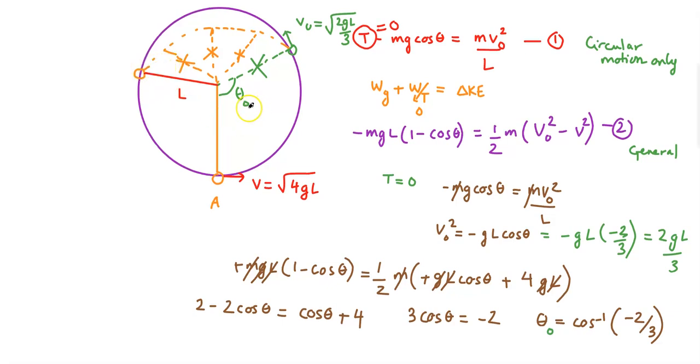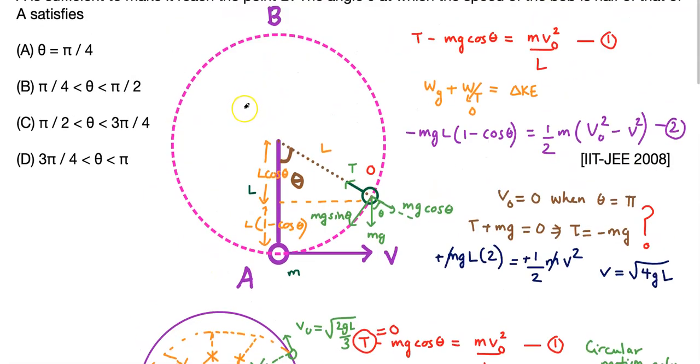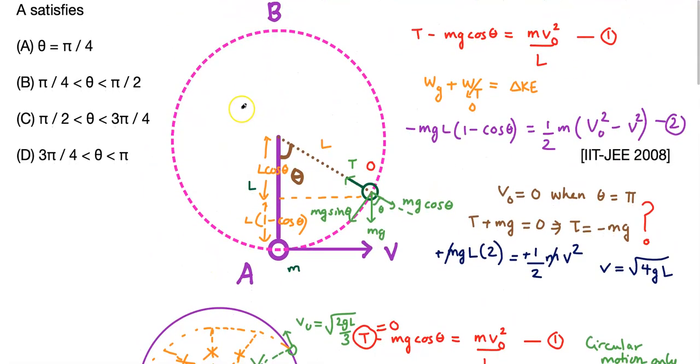What we did earlier, the blunder that we made when we assumed tension to be 0, or excuse me, when we assumed the speed to be 0 at the top, is we assumed that the bob would actually get all the way to the top. So we assumed equation 2 was definitely valid, but equation 1 was not true, because as we found out, the bob can slacken somewhere here, and the moment it slackens, it's going to be in free fall, not circular motion, and so equation 1 is no longer valid.